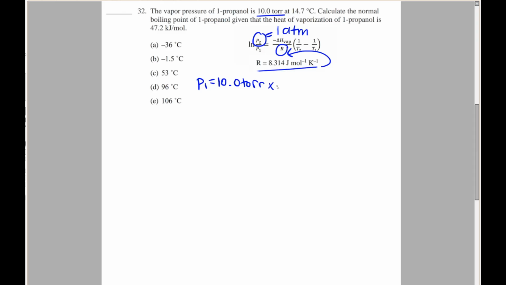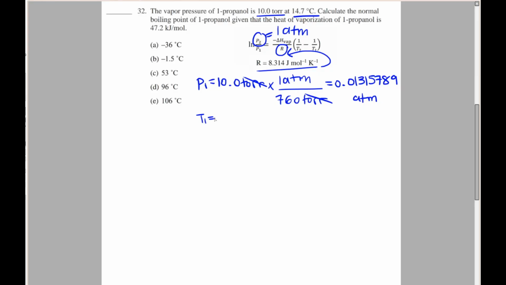So we can do a simple dimensional analysis, and we will get P1 is equal to approximately 0.01315789 atmospheres.